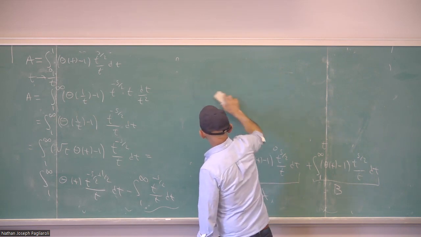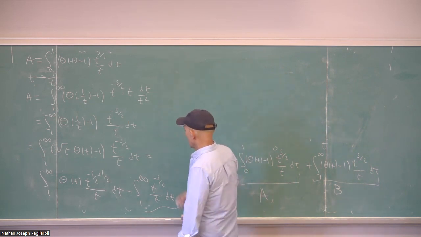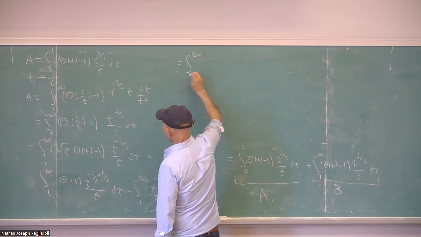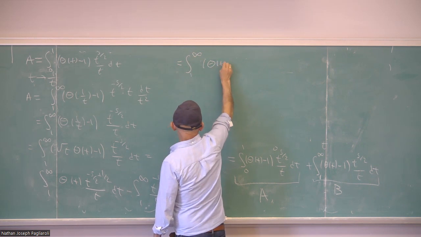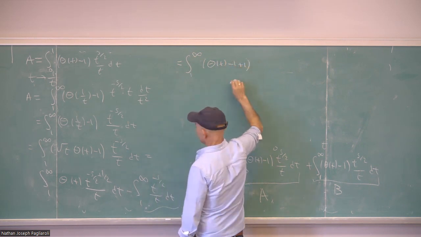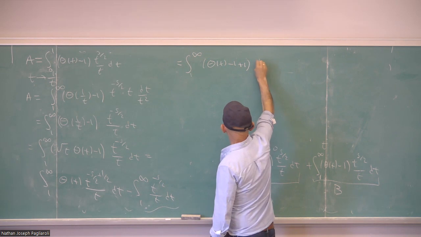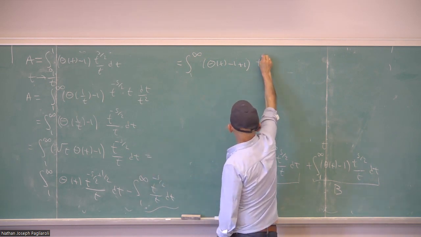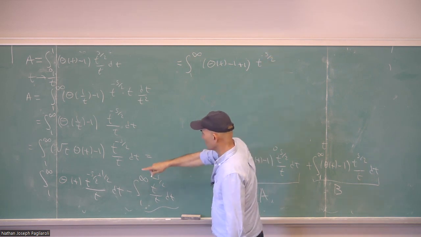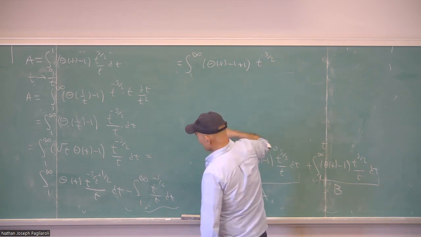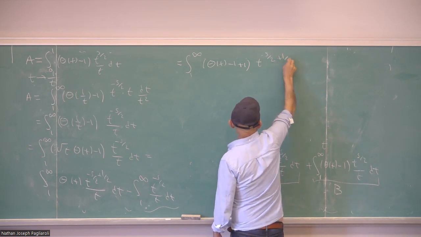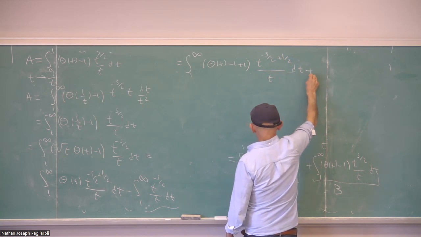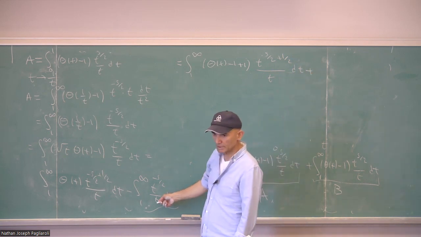So this is equal to the integral from 1 to infinity of theta t minus 1 plus 1, times t to the power minus s over 2 plus half, over t dt, plus, now let's compute this integral.